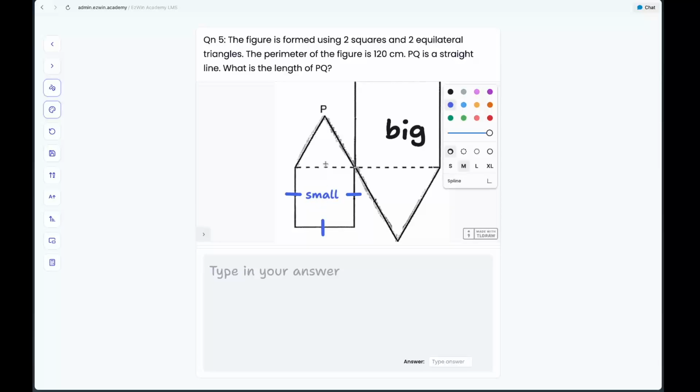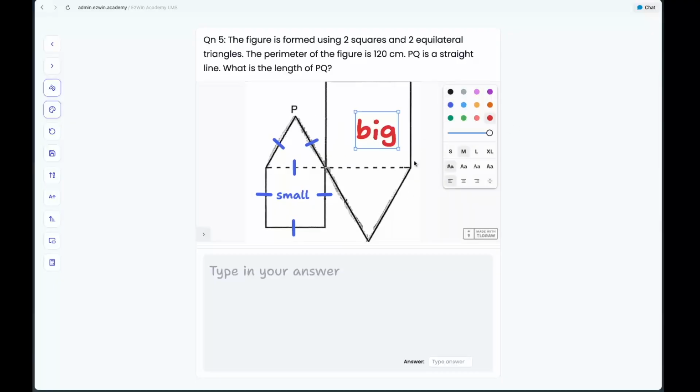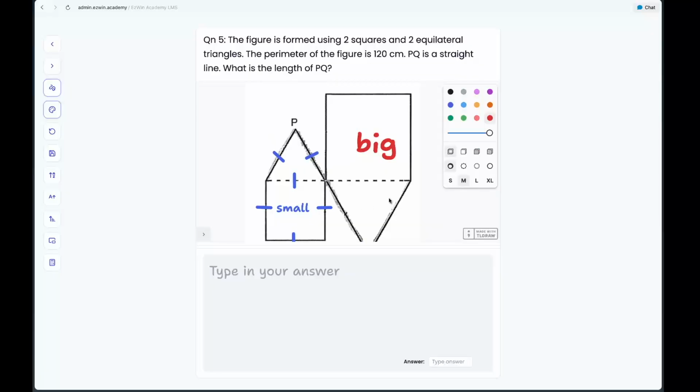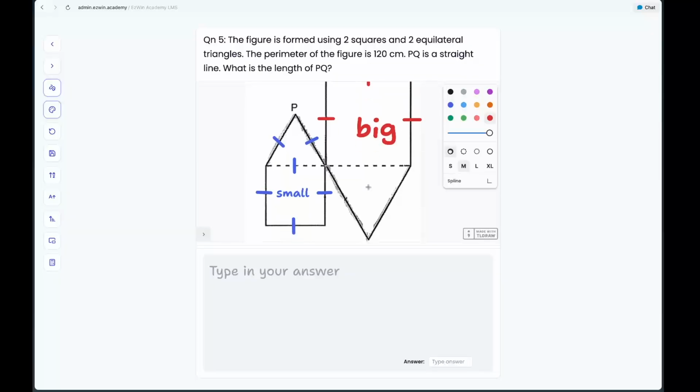And since it also has an equilateral triangle, that means this side is also the same. Does that mean for the big house, it is also what we went through for the small house? Yes, it is. So that means this is a square. And since this side is the same as the equilateral triangle, that means all of the sides are the same over here.